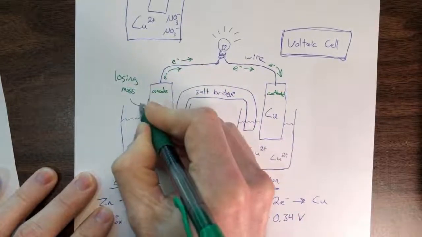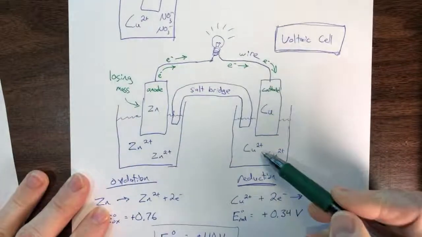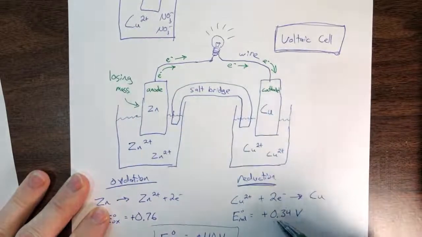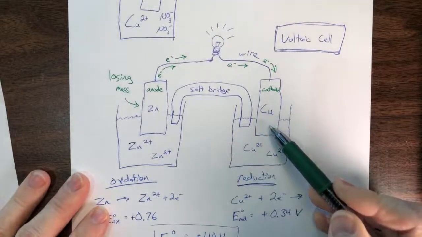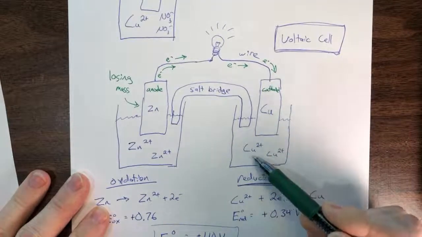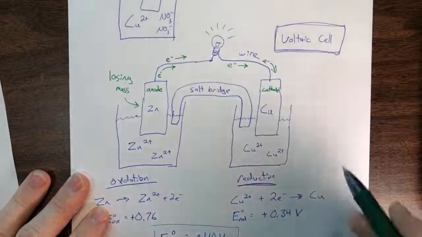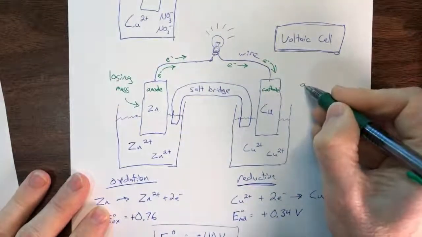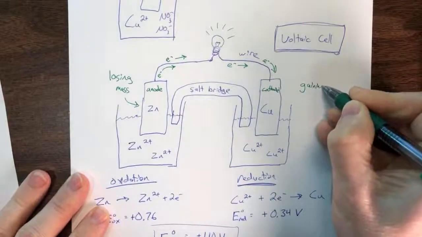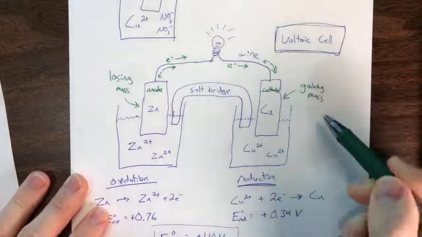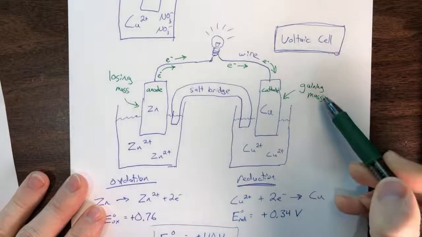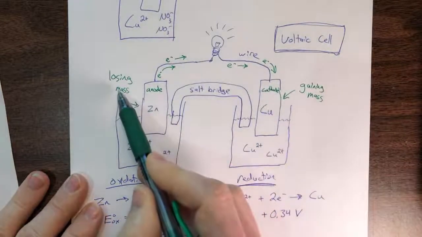But this copper over here, you're getting copper ions that are gaining electrons, and then they're going to attach themselves to the electrode and turn into copper metal. So this electrode is gaining mass. Always the cathode gains mass and the anode loses mass.